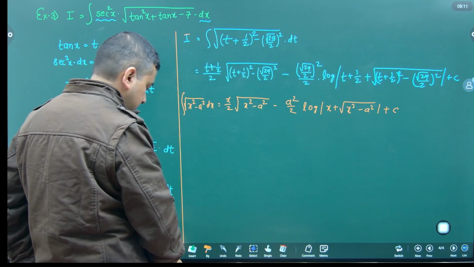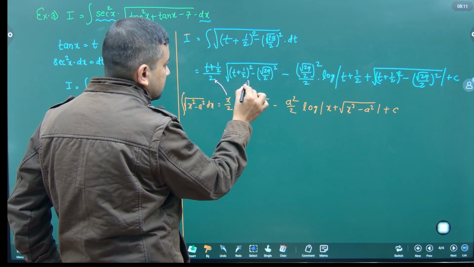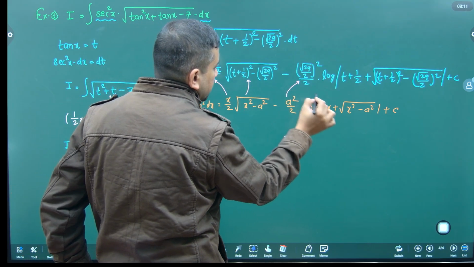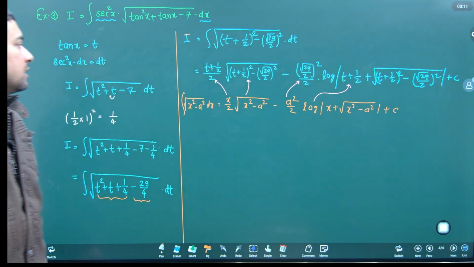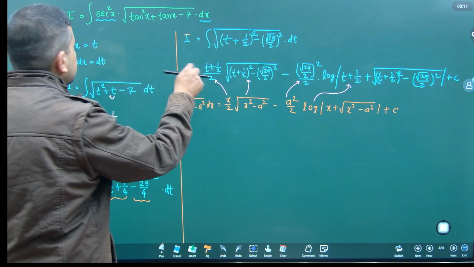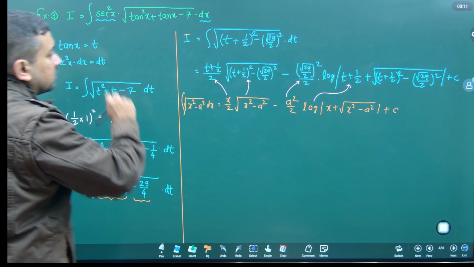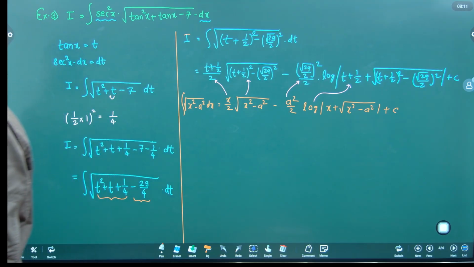Okay, let us compare this. This is your x by 2, this is the square root term, this is a square by 2, this is your log term. Right? And in the end, what is t? T is tan x. So wherever you are getting t, you have to replace it with tan x. Correct? Okay.